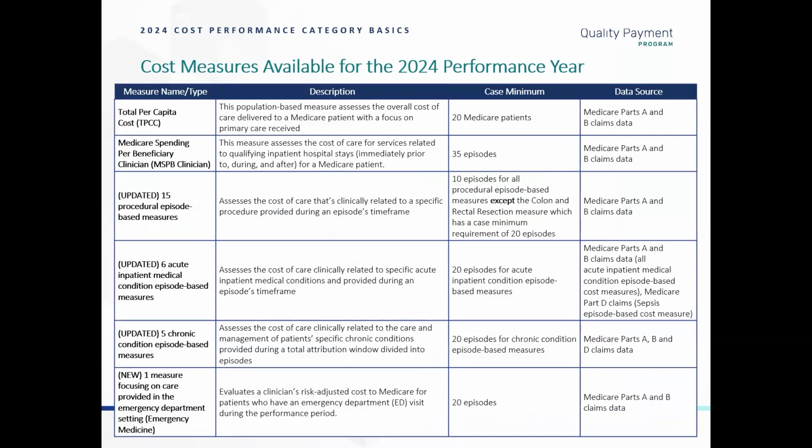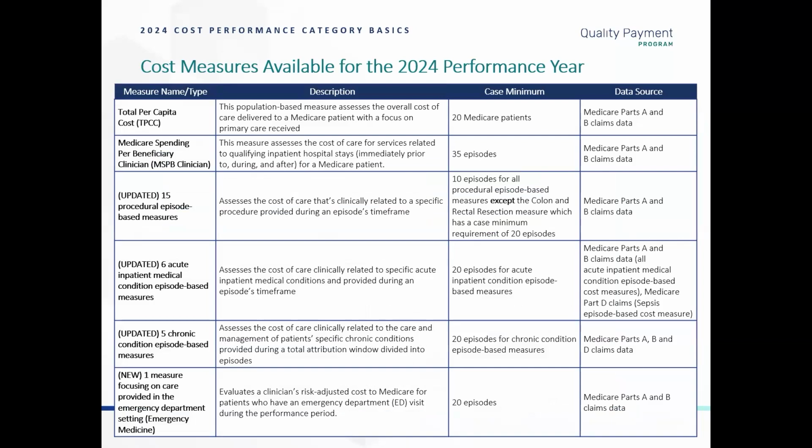So as I mentioned, there are 29 total cost measures for the 2024 performance period. This slide goes into details on the 29 cost measures available. They include the Medicare spending per beneficiary, or MSPB clinician measure, the total per capita cost, or TPCC measure, and then there are 27 episode-based cost measures.